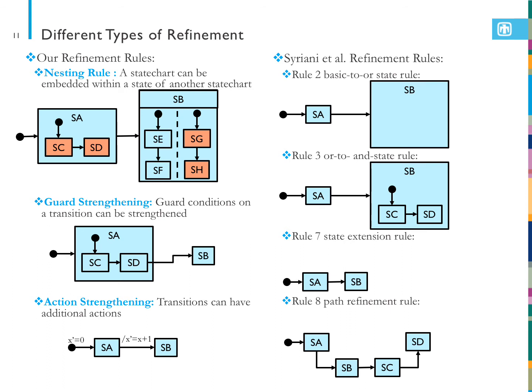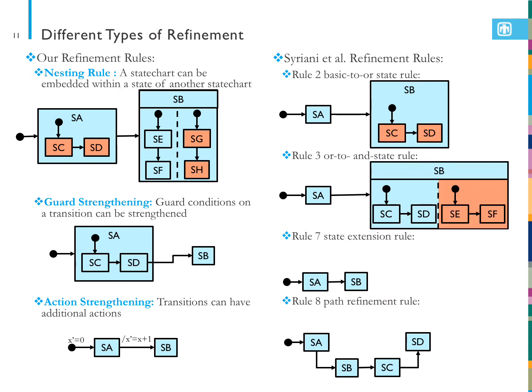There are many different definitions of refinement. Sirani et al. use another set of rules within their Science of Computer Programming journal paper. Sirani's rules 2 and 3 are similar to our nesting rules. Rule 7, the state extension rule, and Rule 8, the bad refinement rule, are rules that we do not support.